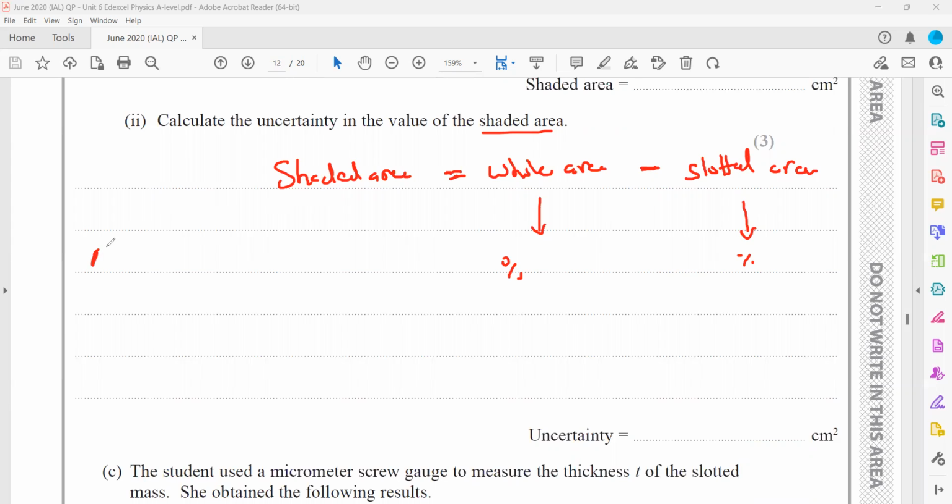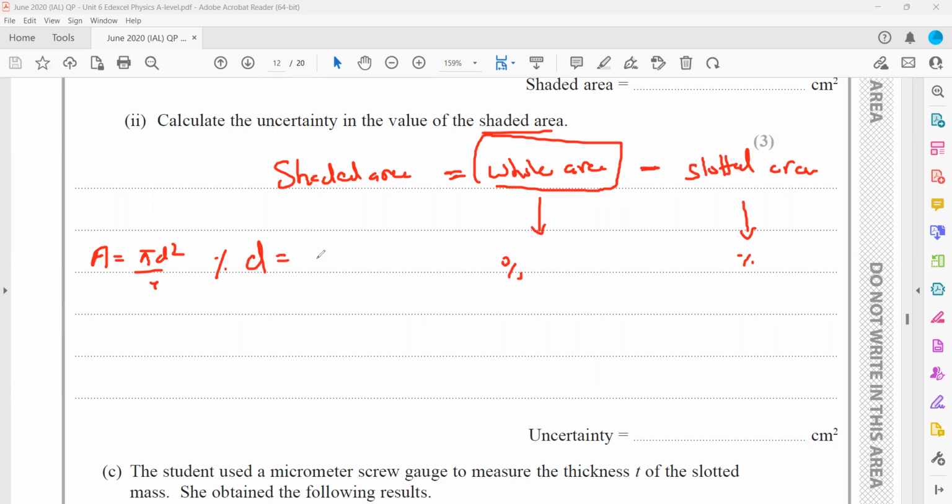The whole area is calculated by the formula pi d square by 4. Pi is constant, 4 is constant, so d square is there. First we'll find the percentage uncertainty in d, and in d square it will be double.